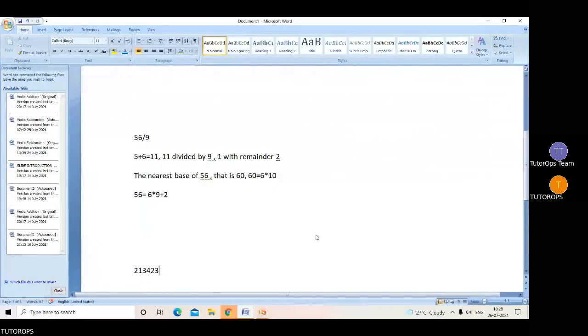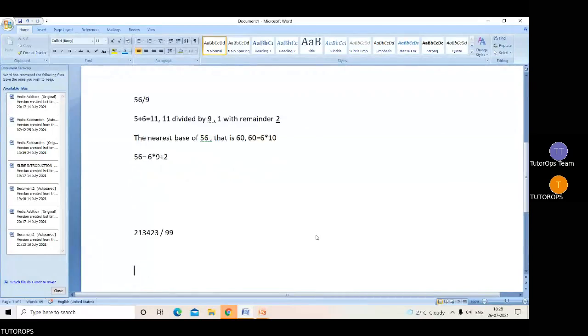Now we need to divide it by 99. Okay. So what was our step 1? Our step 1 was put down the number as 21 slash 34 slash 23.